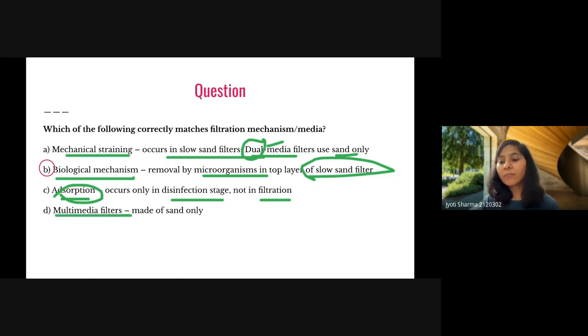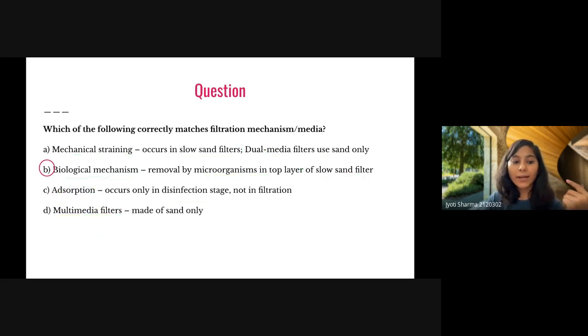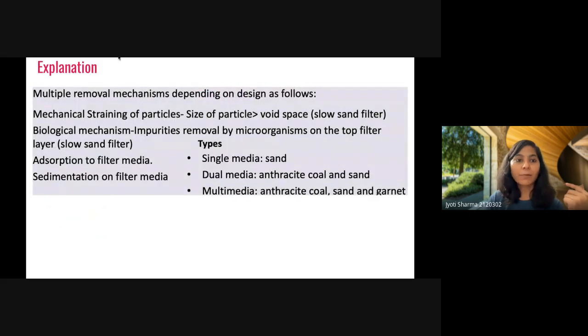And in multimedia filter we can use different types of chemicals or materials by which we can create multimedia filter, but sand is just one part of that, right? So that's how B is the right answer, and I have some explanation for this. So we have mechanical straining, and this mechanical straining is based on the void space.